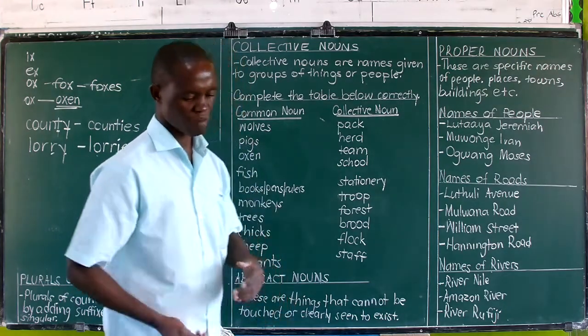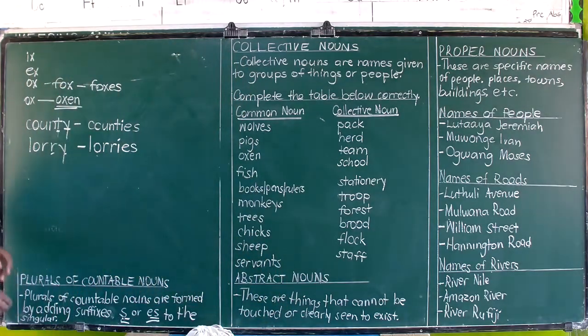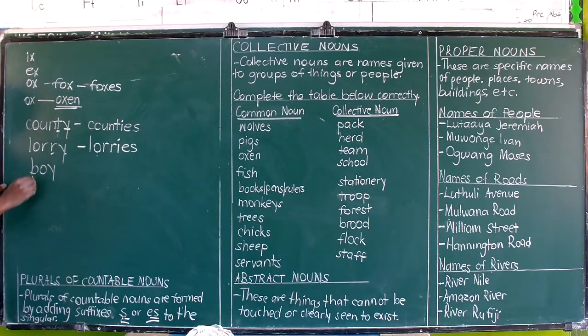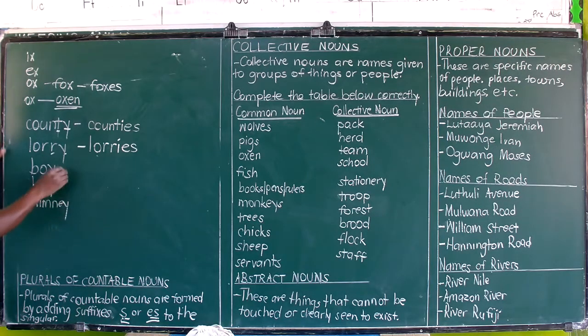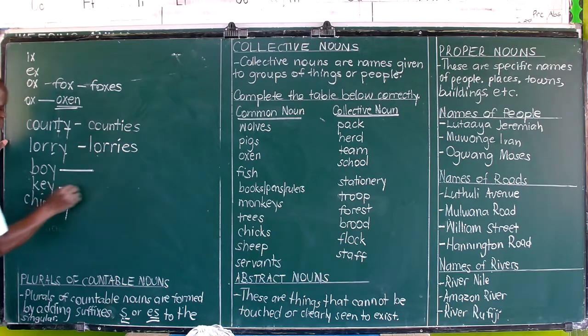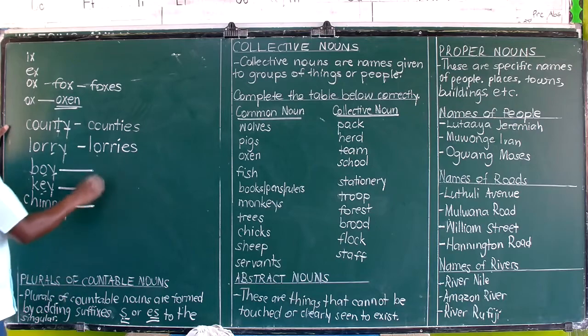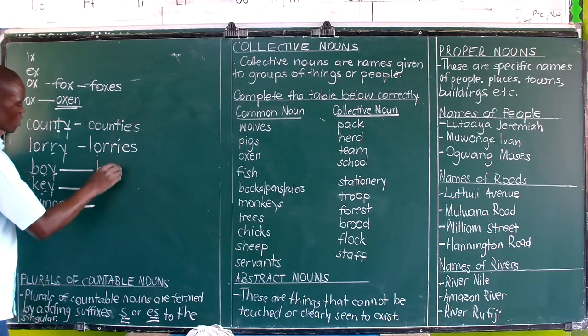Teacher, what if the last Y comes after a vowel? An example, B-O-Y. An example, K-E-Y. An example, C-H-I-M-N-E-Y. That is chimney, boy, key, monkey, and many others. If the last Y is coming after a vowel, what happens? Simply add S straight away. B-O-Y.